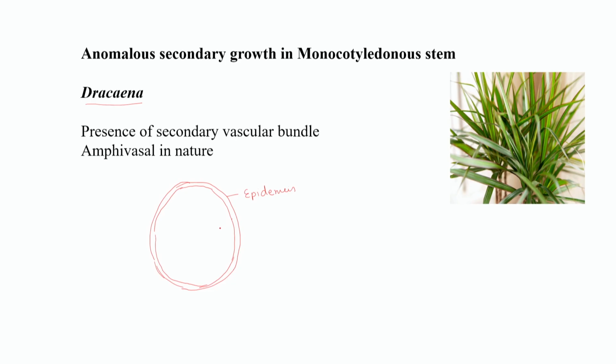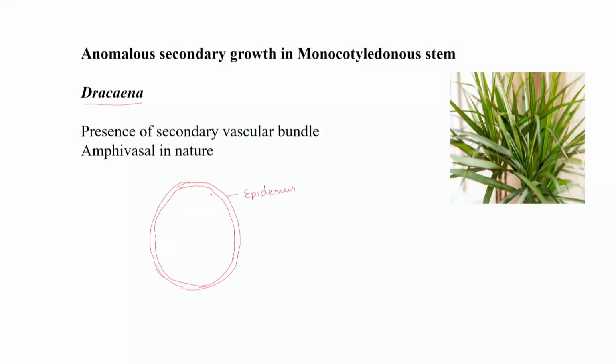After hypodermis, we will have ground tissue, and in monocots, as we have discussed before, the ground tissue is not differentiated into well-defined cortex, pericycle, endodermis, pith.